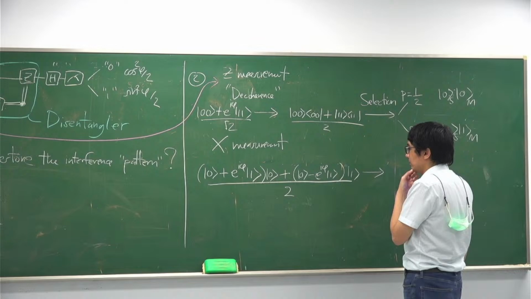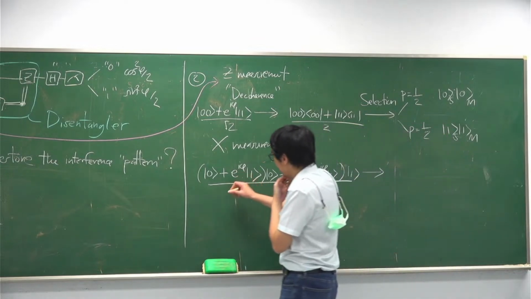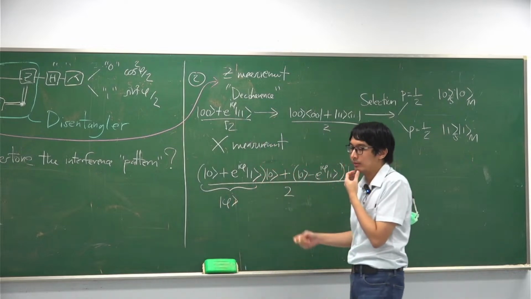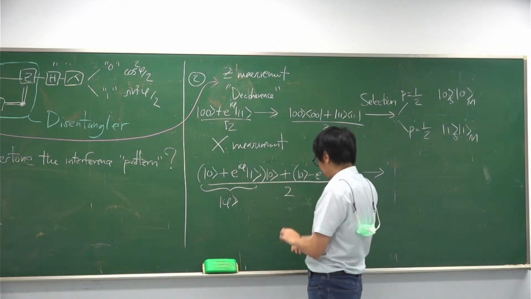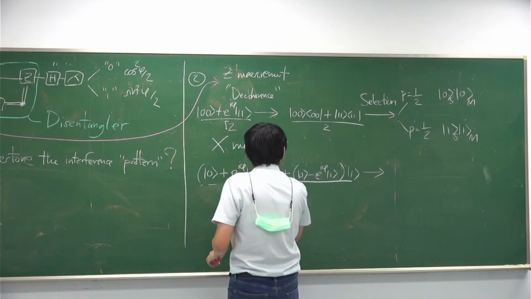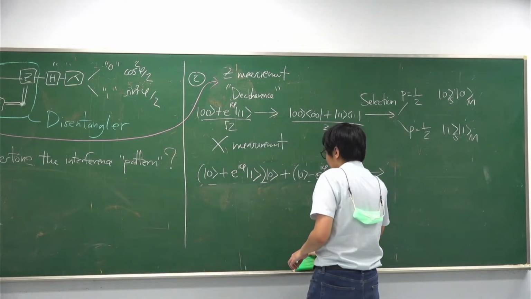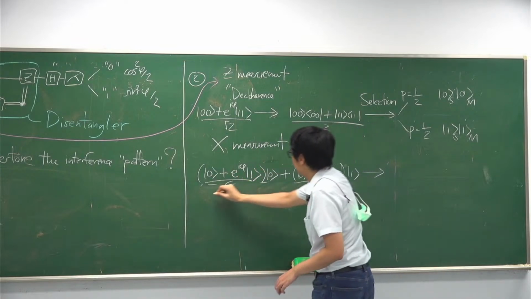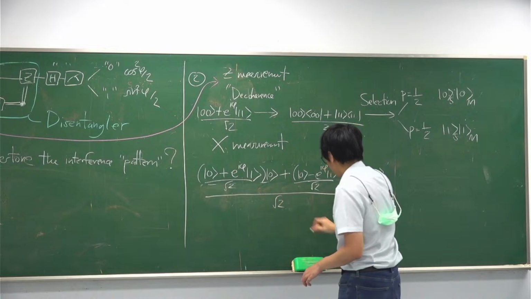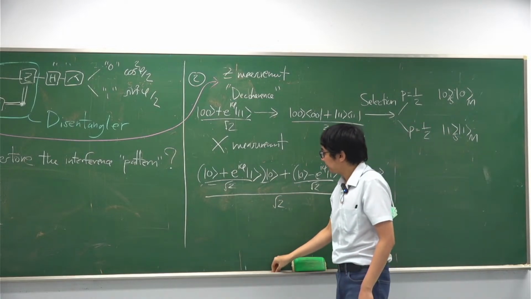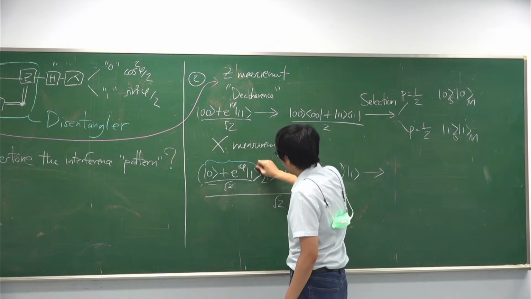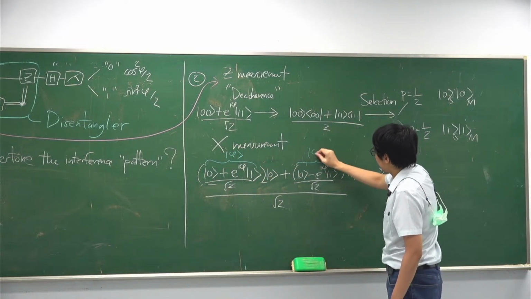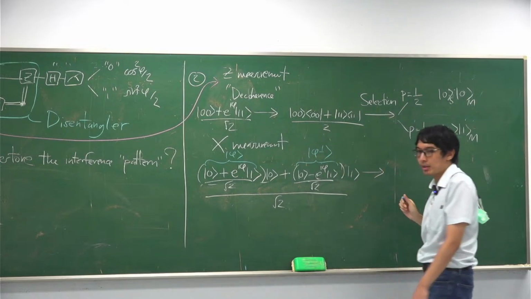So just for simplicity, let's call this a state phi. Or rather, I want to normalize it correctly, so then I have square root 2 here. And let's call this the state psi, and this is the psi perp.